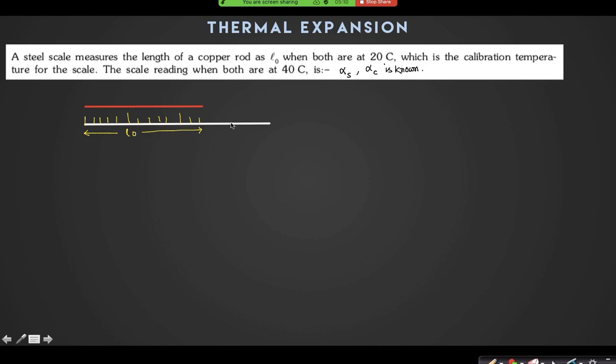This is the steel and this is copper. If I increase the temperature, then the length of copper will become L naught into 1 plus 20 alpha copper. Yes or no? Yes, sir.